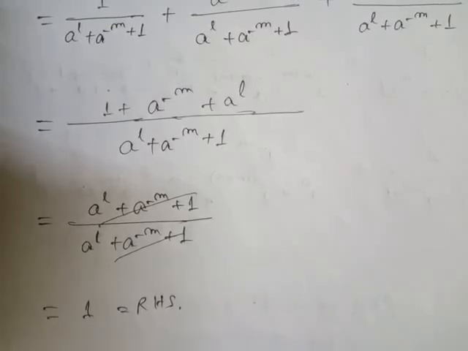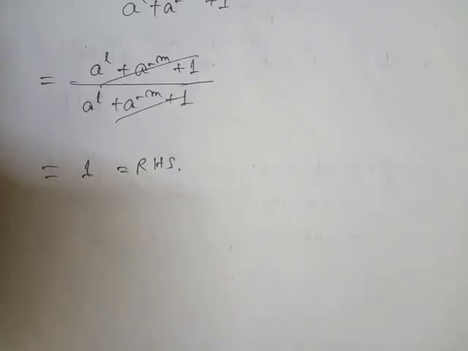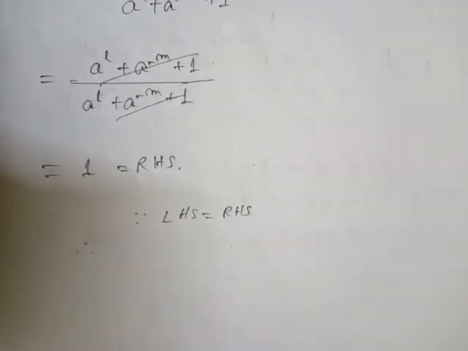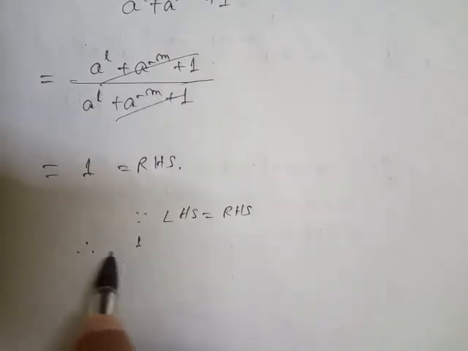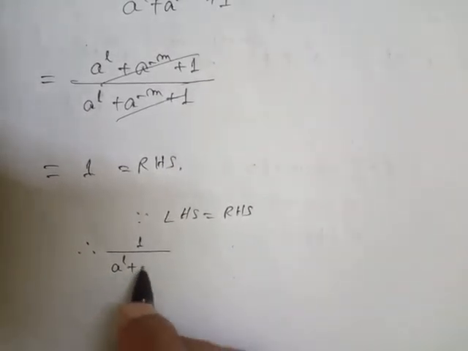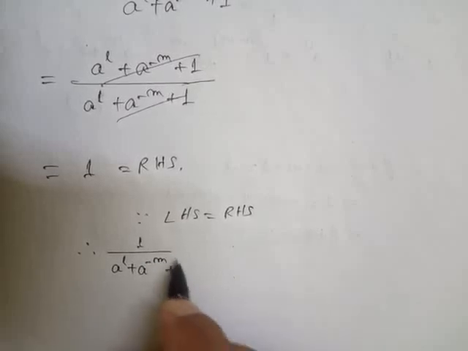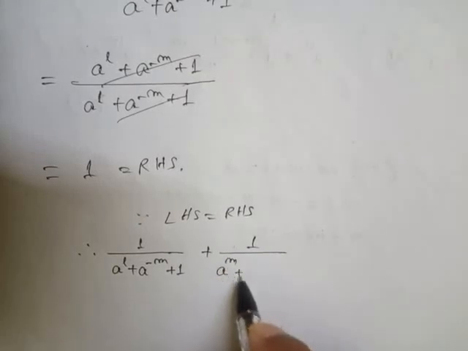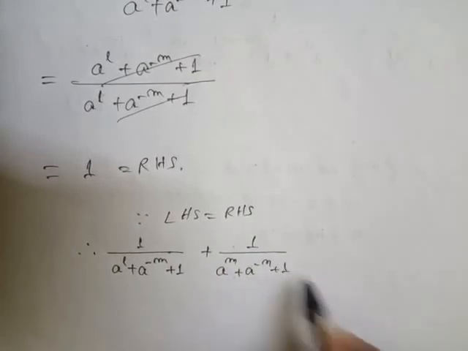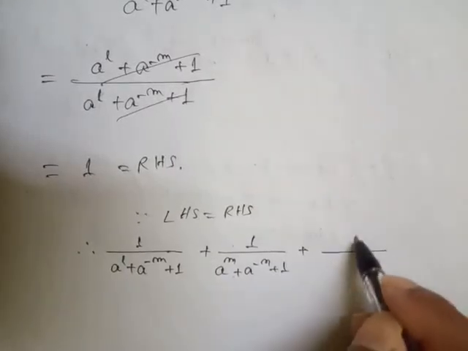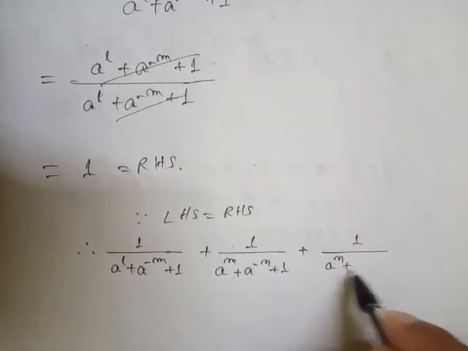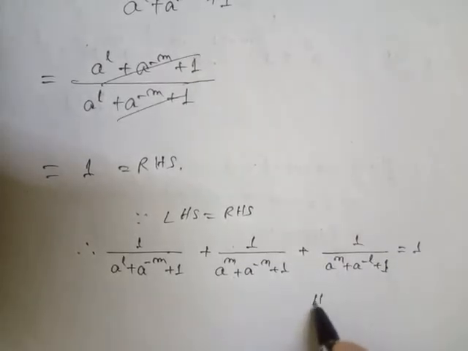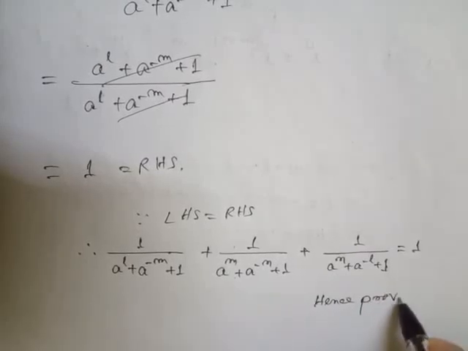Now in the last line I will write that since LHS equals RHS, therefore 1 by a to the power l plus a to the power minus m plus 1, plus 1 by a to the power m plus a to the power minus l plus 1, plus 1 by a to the power n plus a to the power minus l plus 1 equals 1, hence proved.